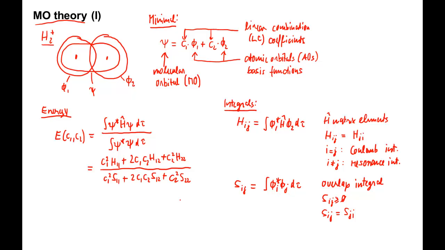Next, we apply the variational method. Based on the energy expression, we determine the coefficient values that give the minimal energy. For this, the derivatives of the energy with respect to each coefficient are set to 0.